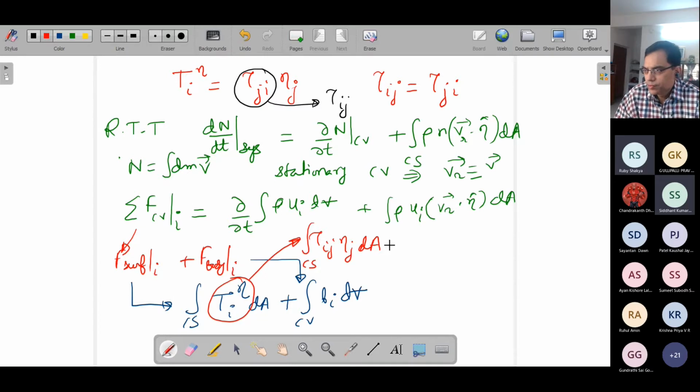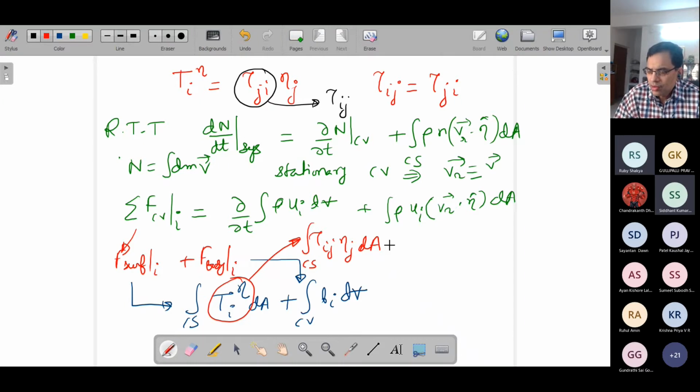our next job, in fact this is what we did for all the derivations when we started with the integral form and then arrived at a differential form, is to convert all the terms to volume integral. One straightforward way of converting the area integral terms to volume integral is by using the divergence theorem.